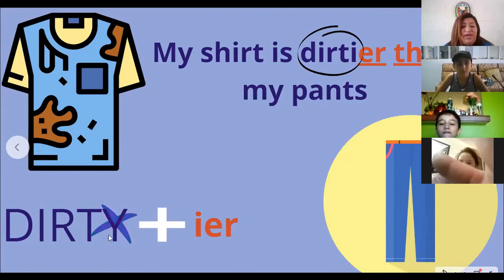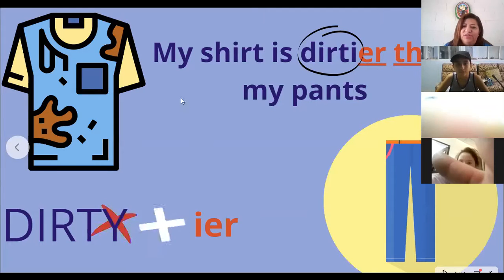If dirty ends with a Y, we are going to cross it out, move it from there. We cross it out, and we are going to add IER. Always ER, than, like we just learned, but this time we are going to take away the Y, and we are going to change it for an I. So the sentence is going to say, my shirt is dirtier than my pants.